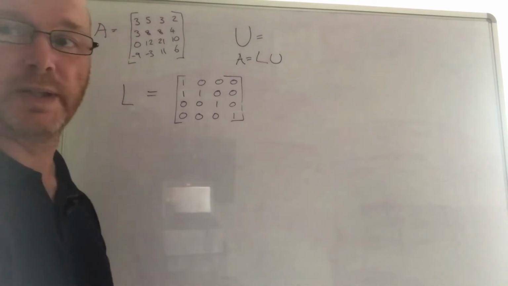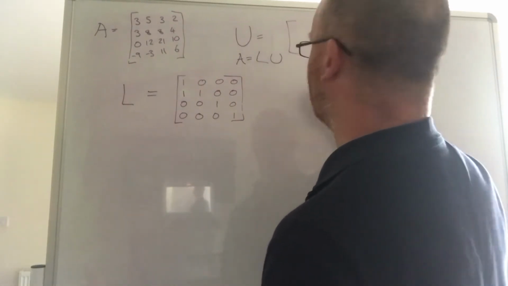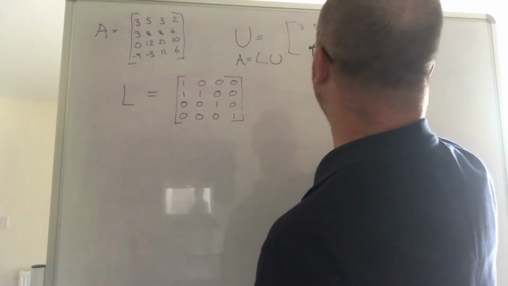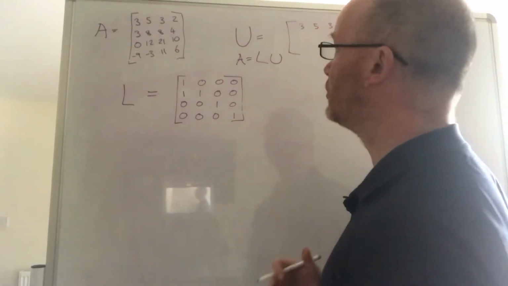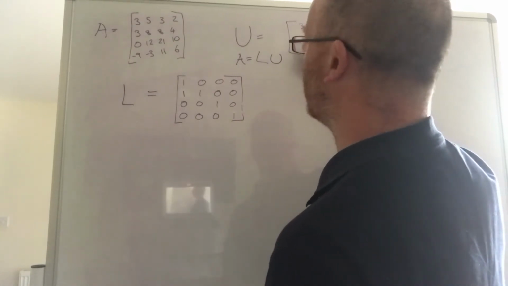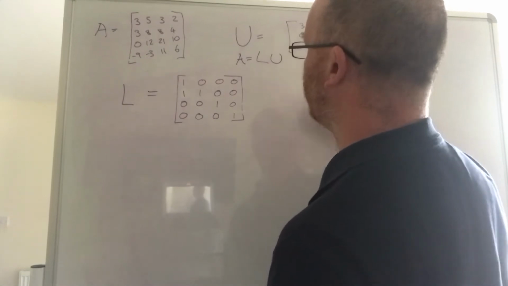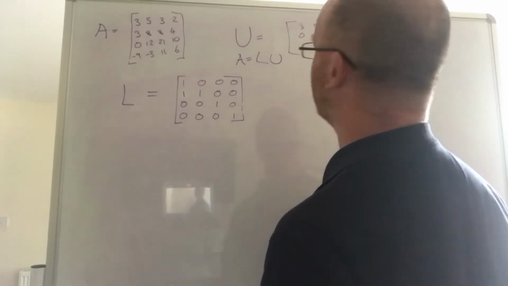So let's populate the first U that we have. There we go. The first row will be the same as it currently is. And then we'll add -1 of the first row to the second row. So it's -3 add 3 is 0. -5 add 8 is 3, -3 add 8 is 5, -2 add 4 is 2.